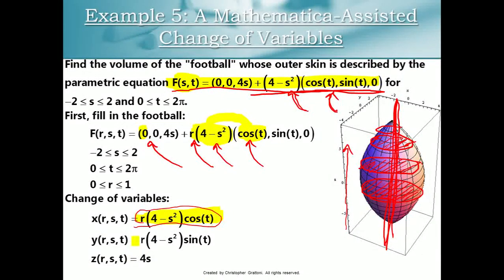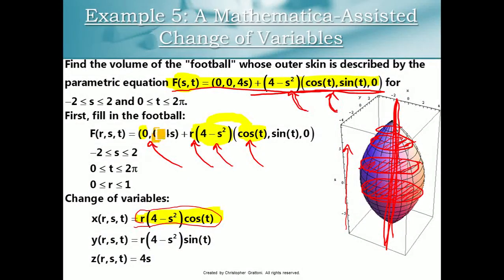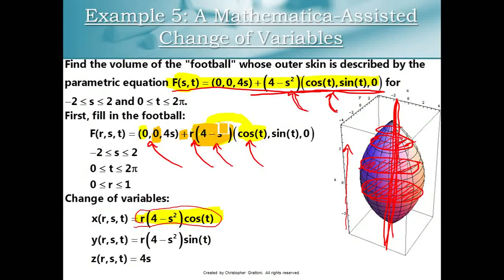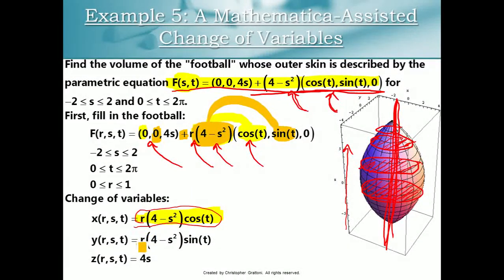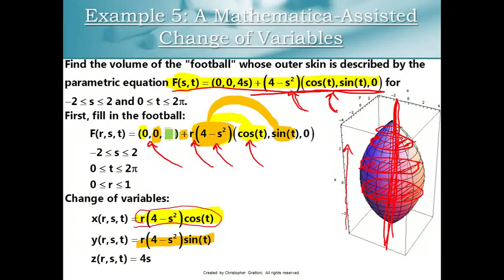So that's your x of rst. I'll show you how to do your y of rst as well. It's the same thing, but 0 plus r times the square root of 4 minus s squared times sine of t. You can see that there. And then the only z coordinate that we have in the above parameterization is 4s. There it is. So that's our x of rst, y of rst, and z of rst.